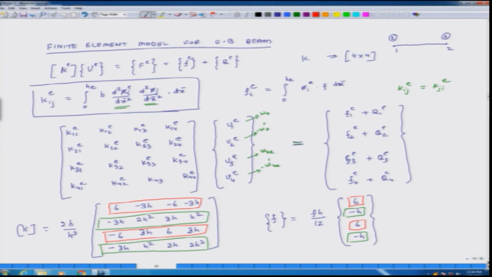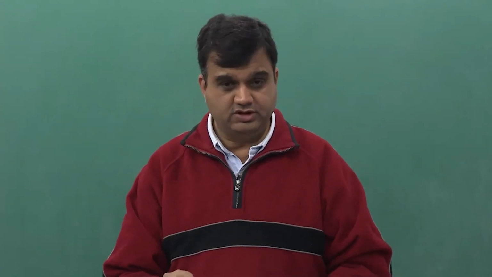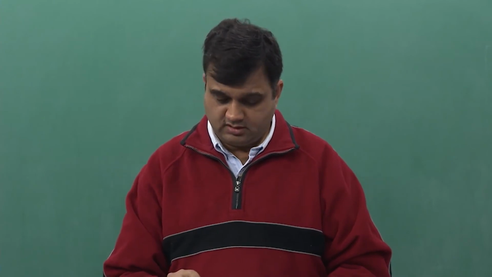And the reason for this is, you may have already guessed, that the second row corresponds to rotational degrees of freedom and they are associated with moments. So, it does not matter whether you are looking at node 1 and node 2, whatever is the rotational degree and associated bending stiffness of the element will be same, right.